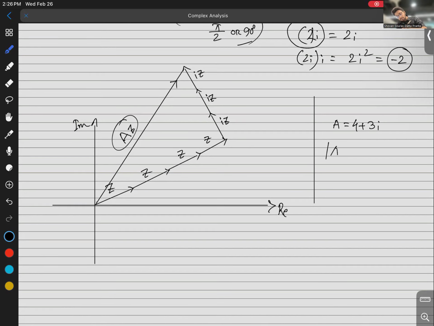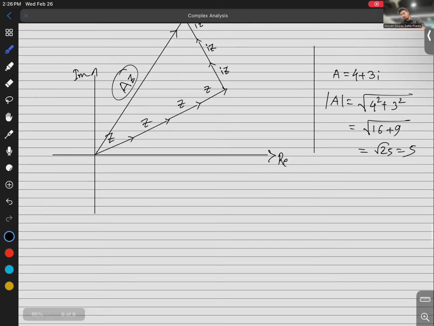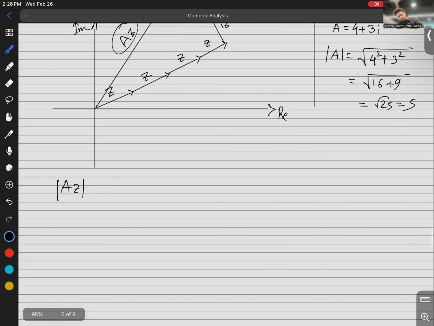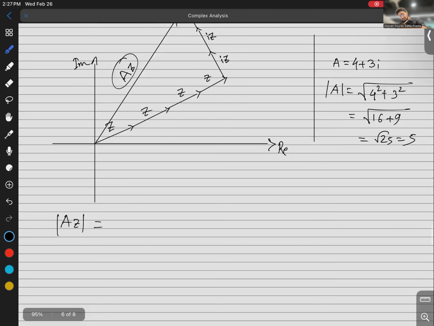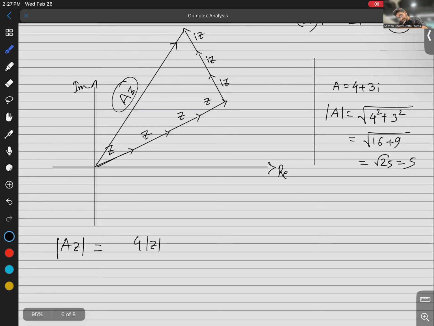If we take the modulus of a, we get root over 4 squared plus 3 squared, that means 16 plus 9, so root 25, which is equal to 5. What is happening here? We want to consider the modulus of a times z. z is multiplied 4 times, so this length will be 4 times the modulus of z, and this length will be 3 times the modulus of z.